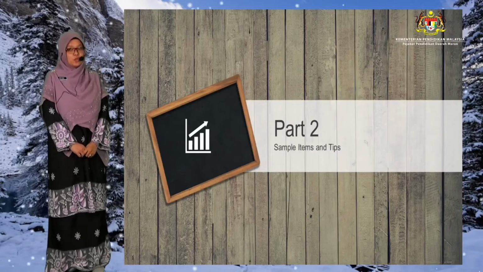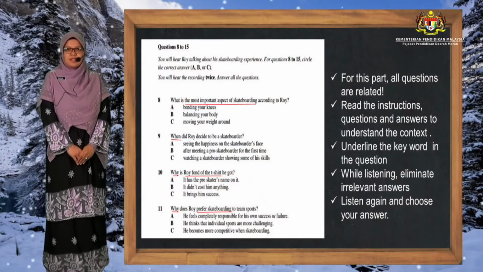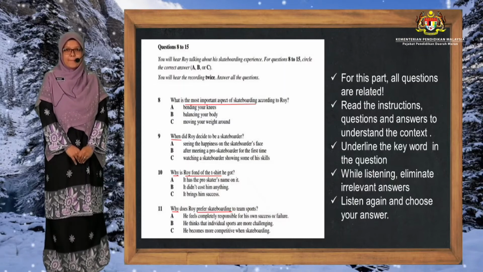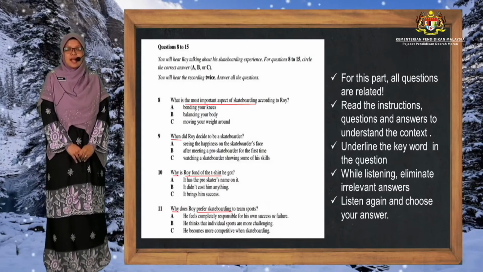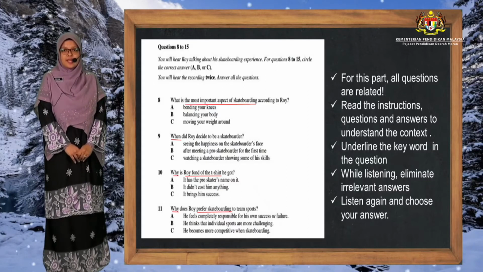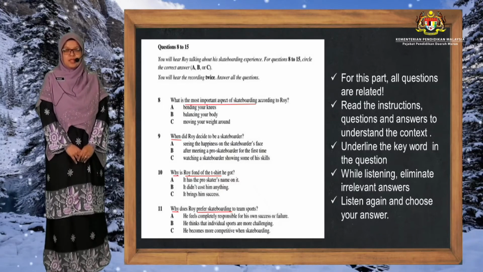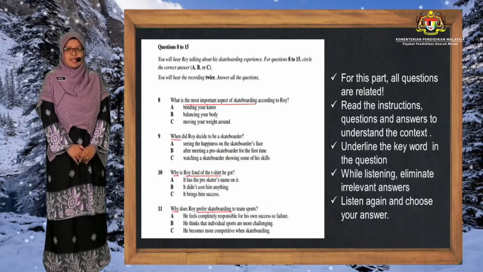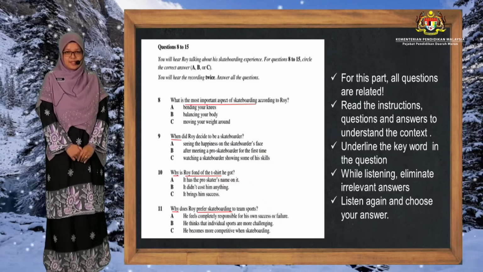Let's go to part 2, sample items and tips. It consists of question 8 to 15. For this part, all questions are related, so you have to listen to the whole text and answer all questions. Then you read the instruction, questions, and answers to understand the context of your text.